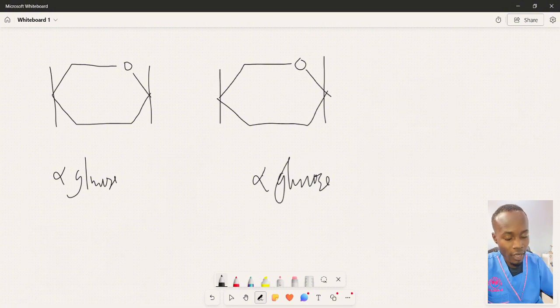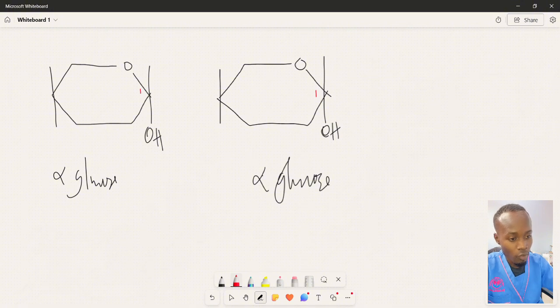When you hear the word alpha, just know that the OH is down. So this is carbon number one here, and alpha, the OH is going to be down. Also this one is alpha, the OH is going to be down. So this one is our carbon number one, this one is our carbon number one.